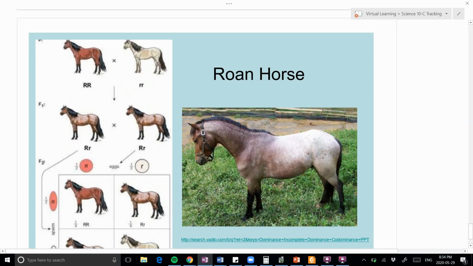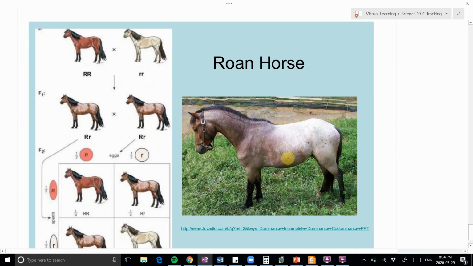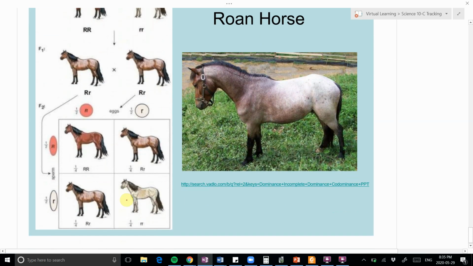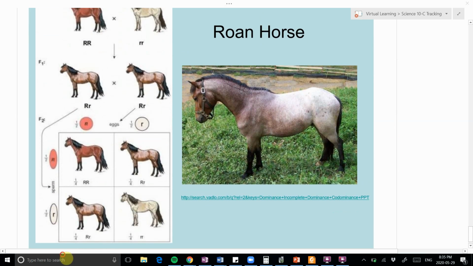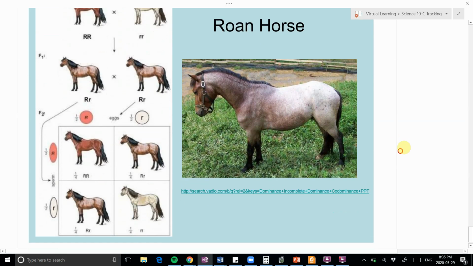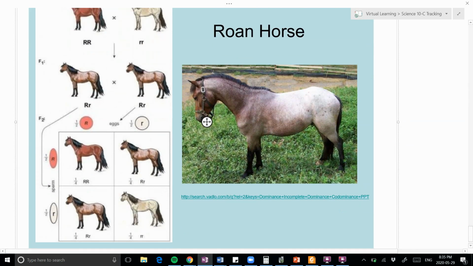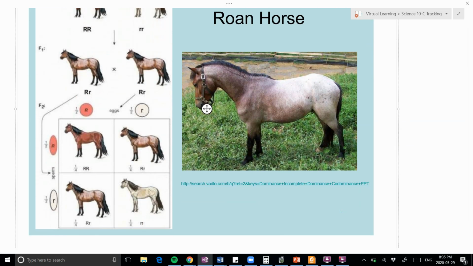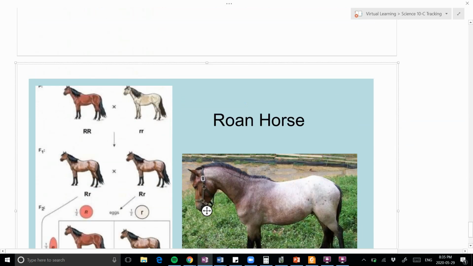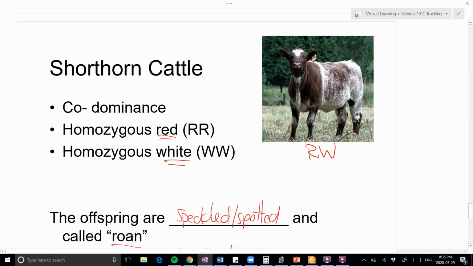So same with this horse here, right? We see that same coloration pattern with the red and the white. And we see that here. So this should actually not be lowercase because it's not recessive. And so one thing I just wanted to also remind you of is, like you see here, we've talked a lot about when two homozygous dominant things cross.